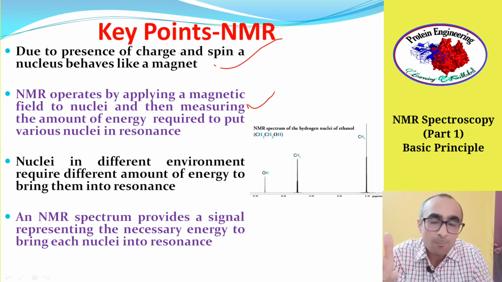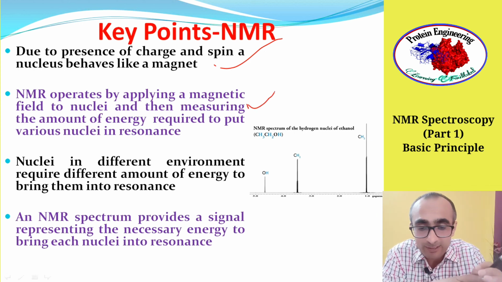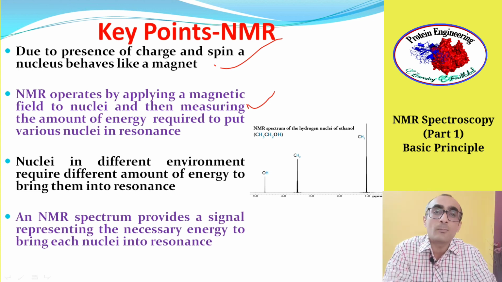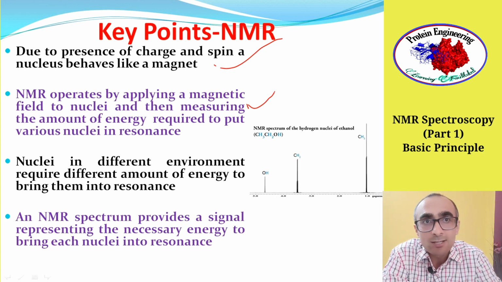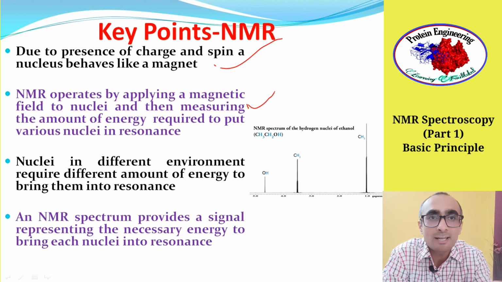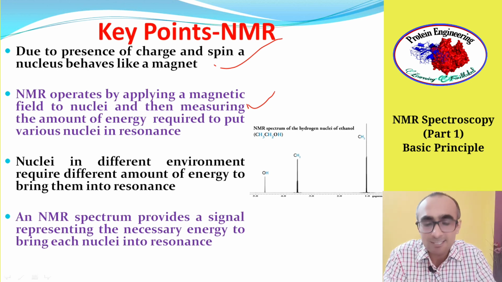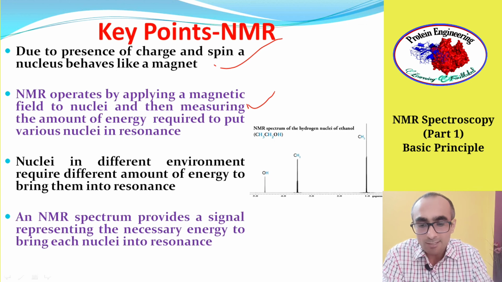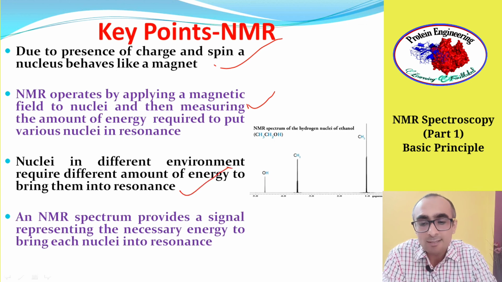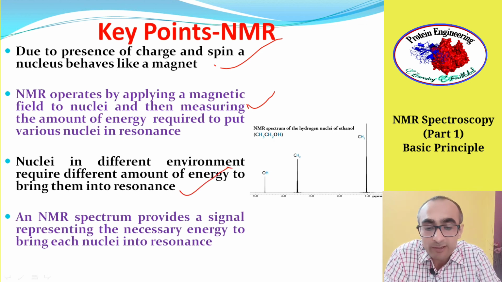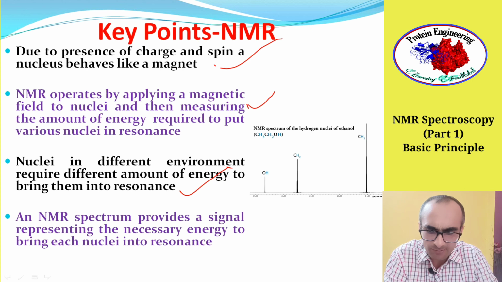We put a compound under a magnetic field and then measure the amount of energy required to resonate those nuclei. To resonate nuclei means to have alpha to beta spin state conversion. Nuclei in different environments require different amounts of energy to bring them into resonance, because environment affects the magnetic property of the nuclei. That's what we have seen.